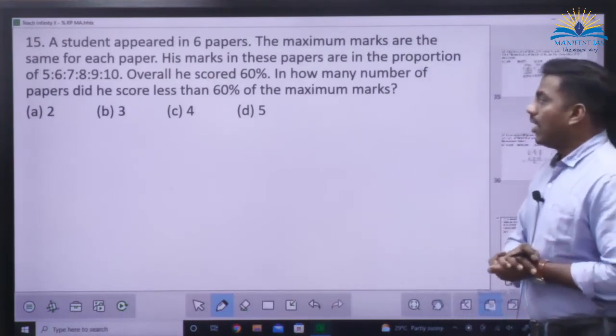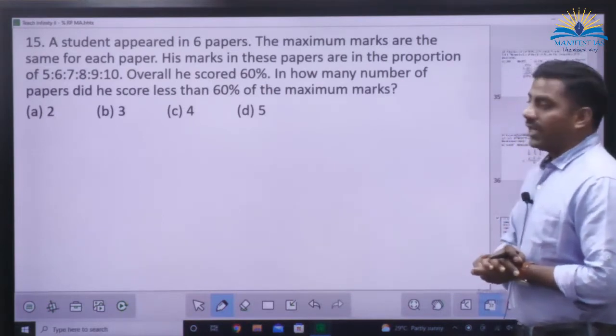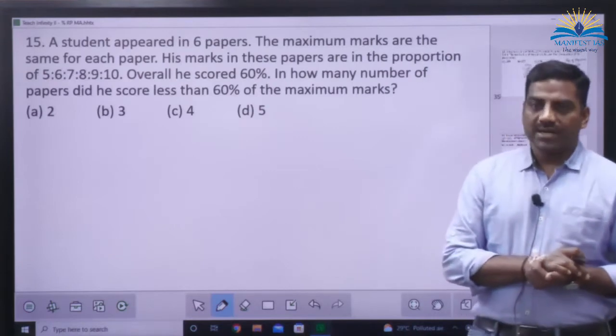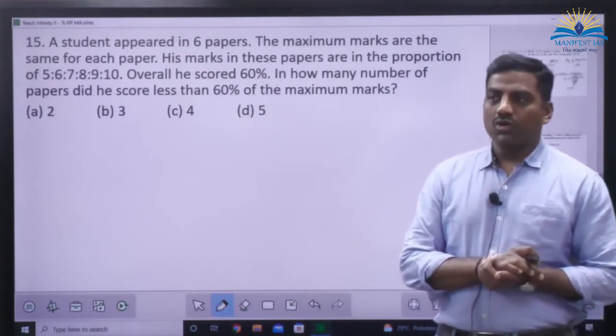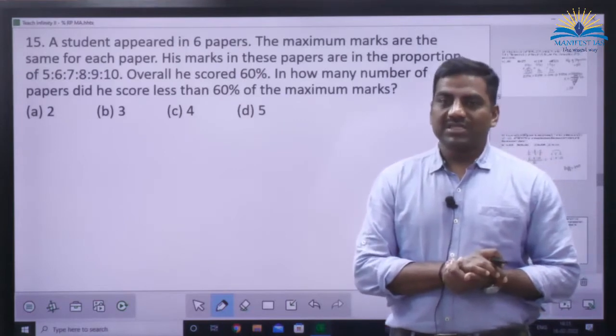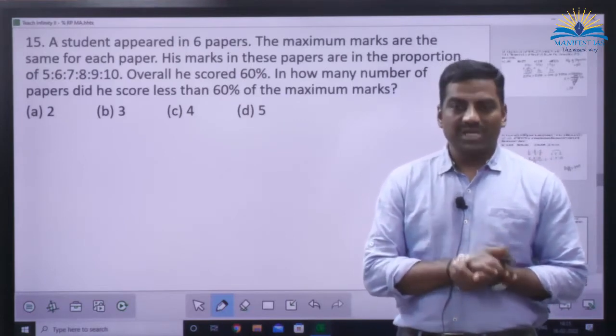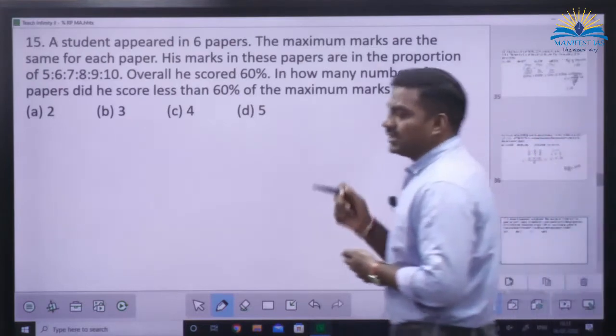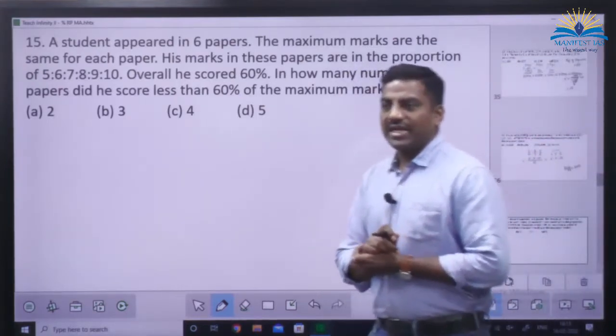Overall, he scored 60%. When maximum marks are 100, if you have scored 60% of 600 marks, 360 marks he would have scored. Correct? And look at his marks: 5, 6, 7, 8, 9, 10.